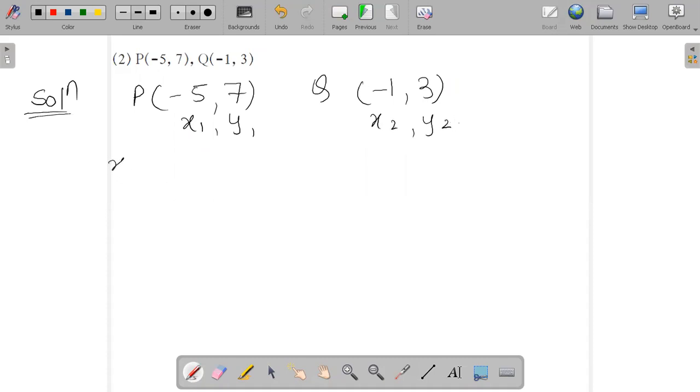So x1 will be -5, y1 will be 7, x2 will be -1, y2 will be 3.